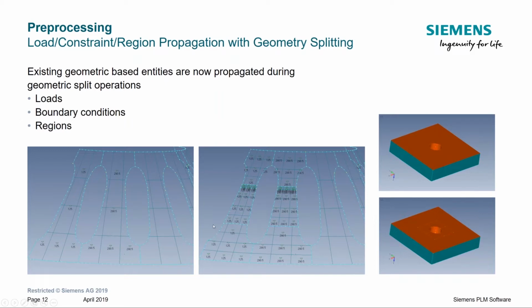Basically, a couple of point-to-edge commands have been used, and you notice that those loads get propagated to those new split surfaces. So you don't have to go back and edit those loads any longer. And again, it's not only loads and boundary conditions, but connection regions as well. And this works if you do this editing in the meshing toolbox.